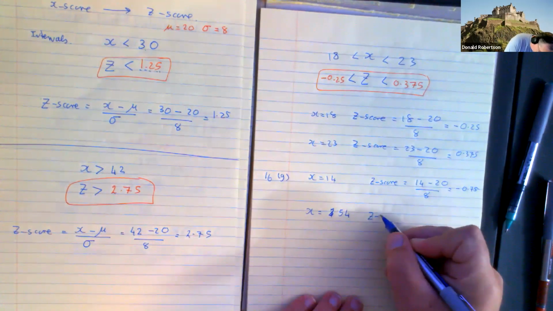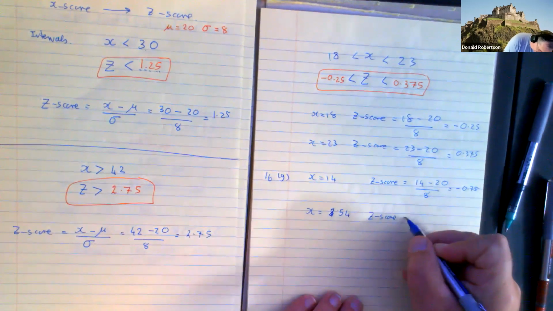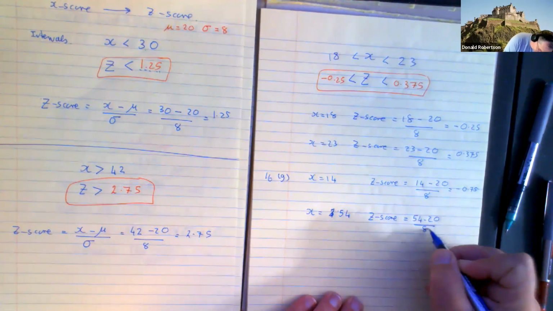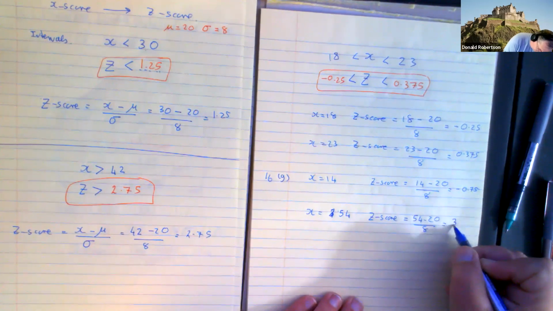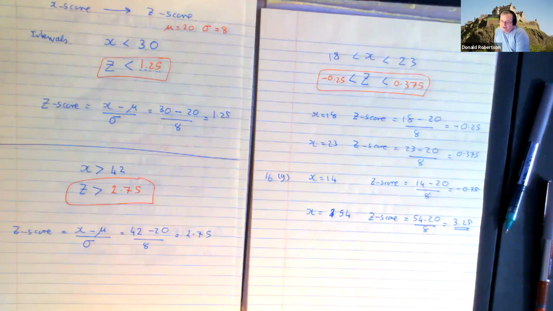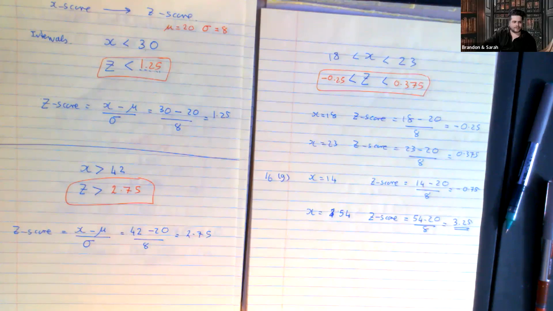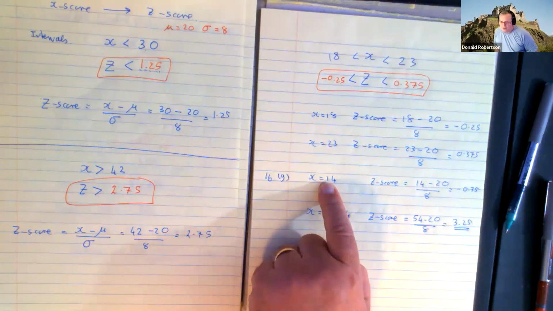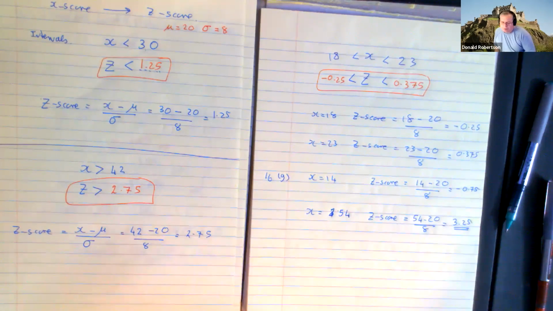Well, a z-score of 54 would be that. Is that considered an unusually large number? Very much so. Right. So in this case, the smaller wouldn't work, but in this case, the larger would. So we would say, oh yeah, if you got 54, that's unusually large.